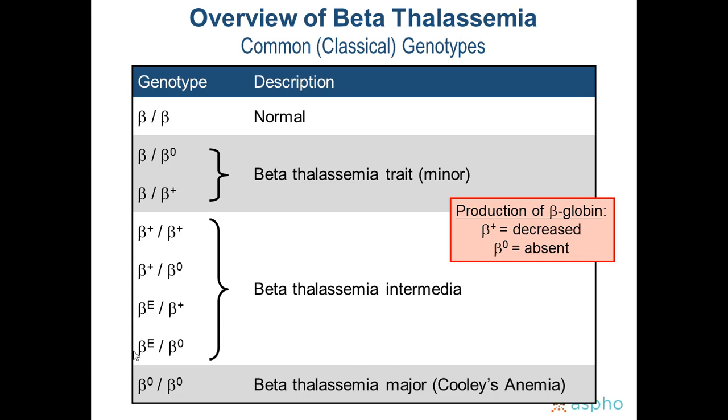But in general, everything else in between, the homozygosity for beta plus mutations that aren't particularly severe, or compound heterozygosity for a beta plus and a beta 0 mutation, or co-inheritance of a beta E, hemoglobin E with a thalassemia determinant can give you thalassemia intermedia. These are the common genotypes.